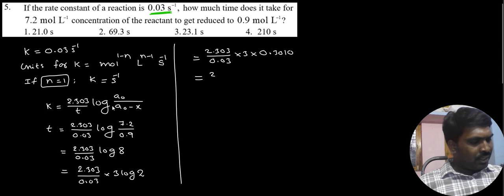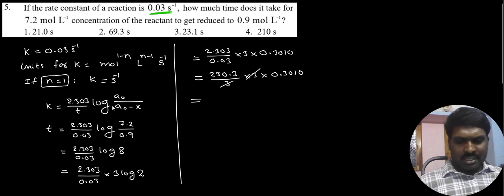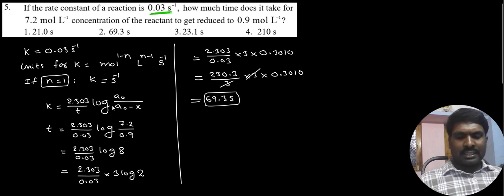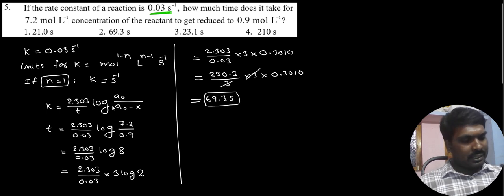Now we can write 230.3 by 3 into 3 into 0.3010. So 3 cancels. If we simplify, we get the answer 69.3 seconds. So which option is the right answer here? Option 2 is the right answer.